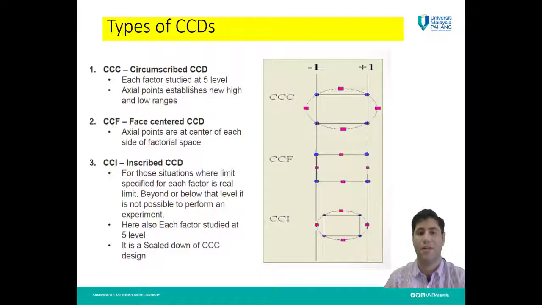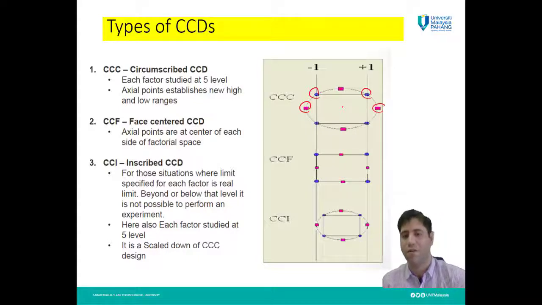Each factor is studied at 5 levels, as you can see here: extreme low, low, midpoint, high, and extreme high. So 5 levels for this factor, and also in this direction we have 5 levels. And as you can see, axial points establish a new high and low range.